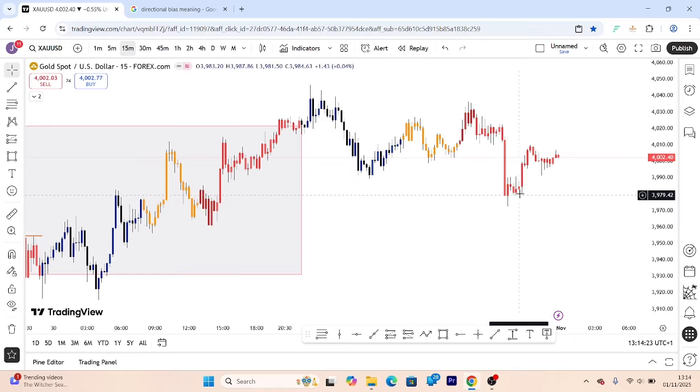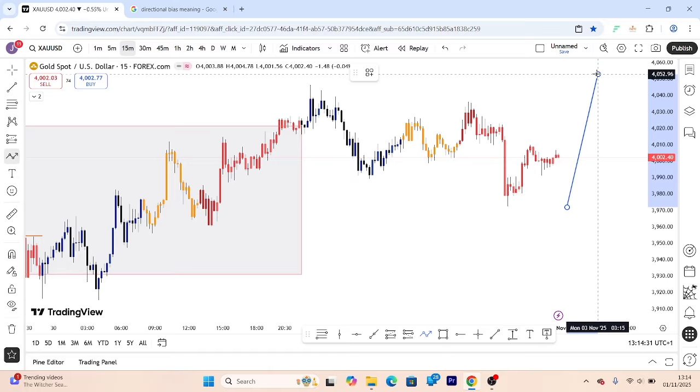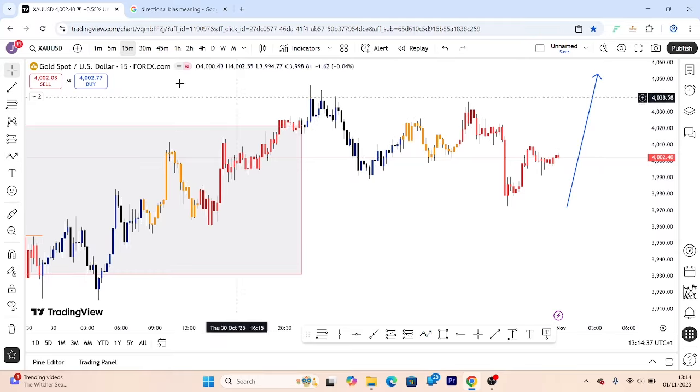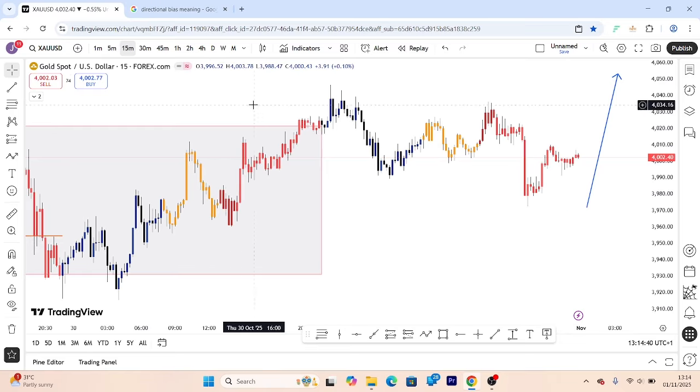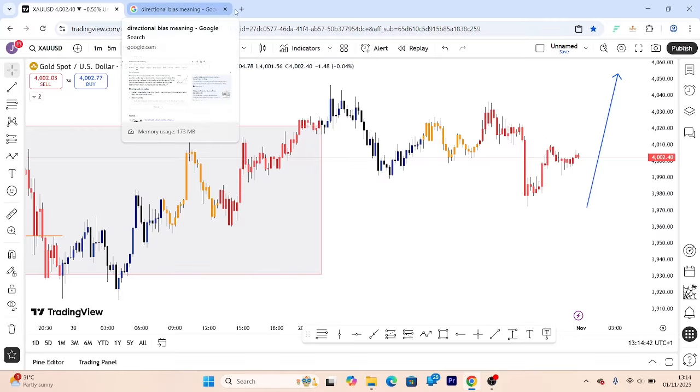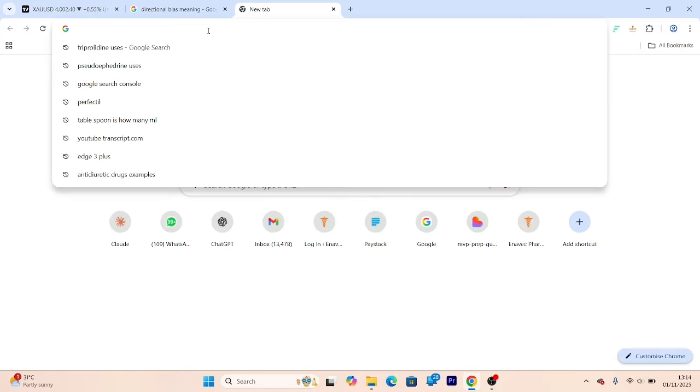At this level, we can start looking for our buys to move to the upside. So from here, we know that the market is going to move to the upside, right? Going to clear out that level.